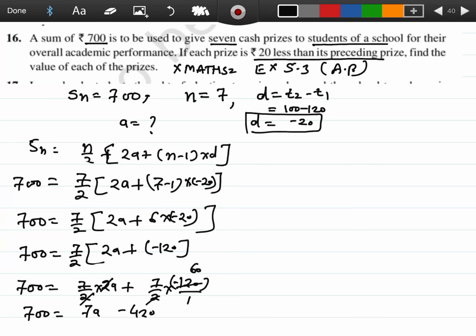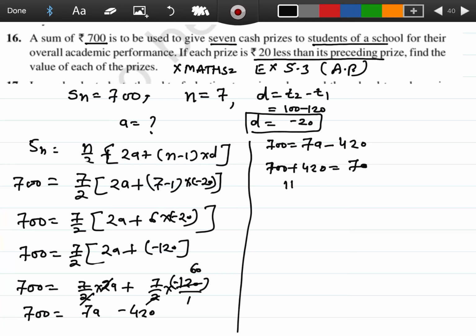When we solve, 700 is equal to 7a minus 420. So 700 plus 420 is equal to 7a. That is 1120 is equal to 7a.